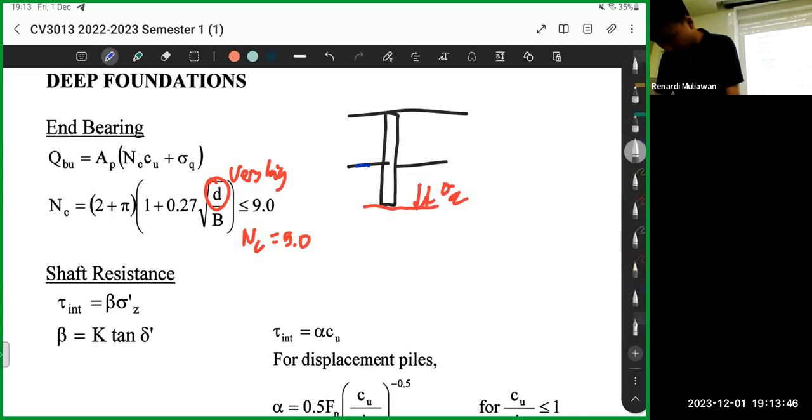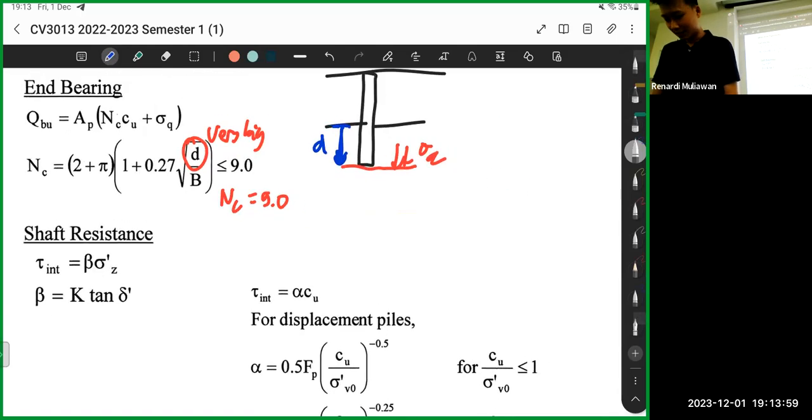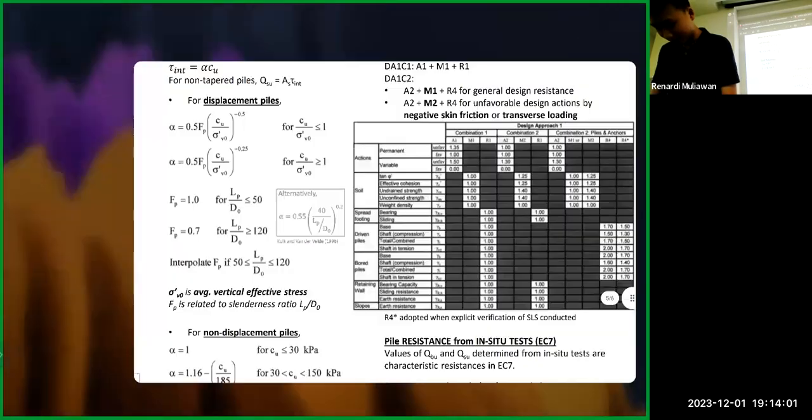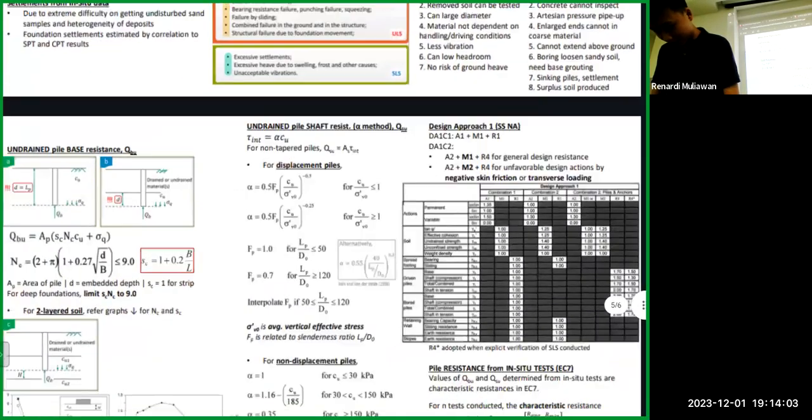D in this case is this one. Why is it D? Why is not this one, right? This one is not D. D is from the second layer to the bottom. It's because you need to refer to the cases.